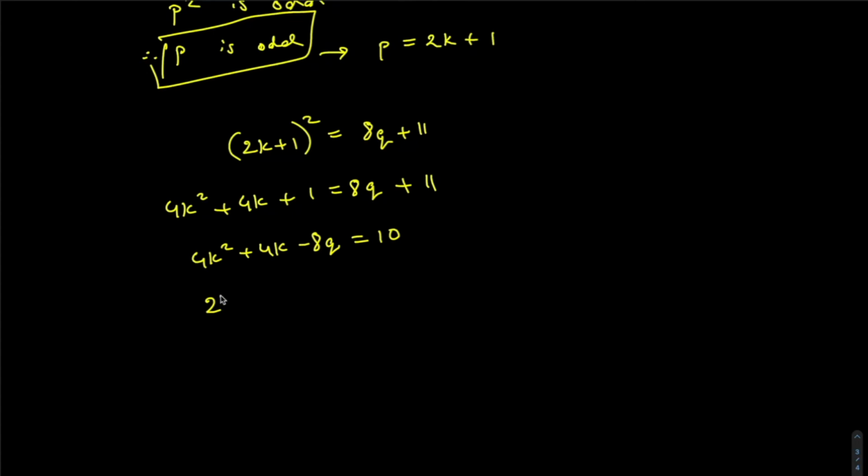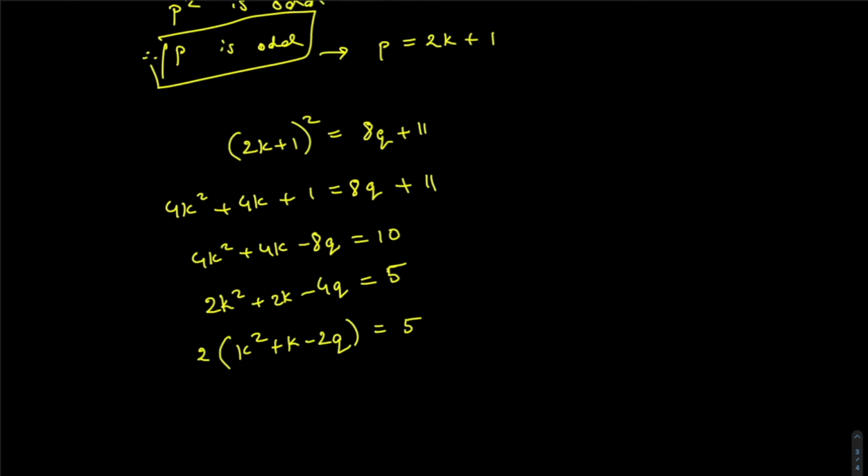So we have 2k squared plus 2k minus 4q is equal to 5. Now, I'm going to do one more step here. I'm going to factor out a 2 from here. So what am I going to have right here? I'm going to have 2 times k squared plus k minus 2q is equal to 5.